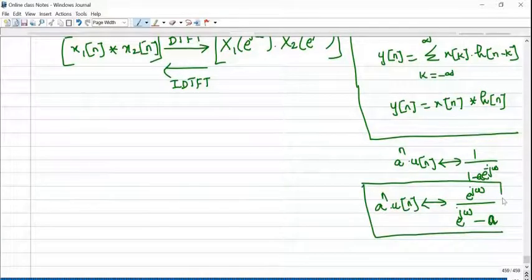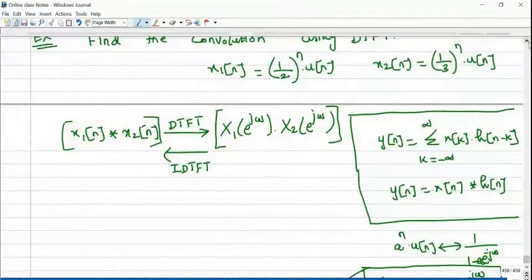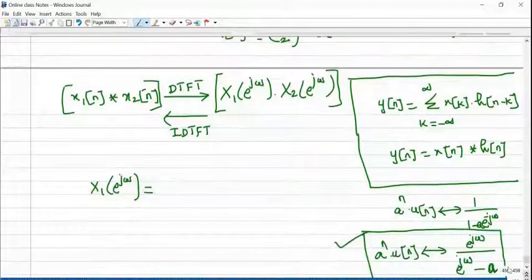We are going to use this formula only during the partial fraction method. So x1 of n is 1 by 2 power n u of n. What is x1 of e power j omega? For a power n u of n, the result is e power j omega divided by e power j omega minus a.